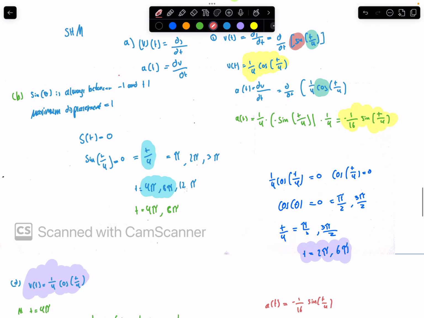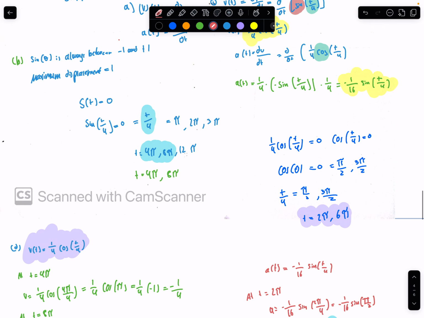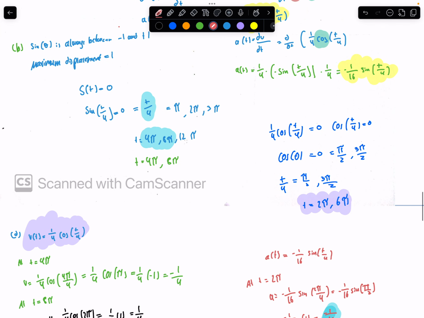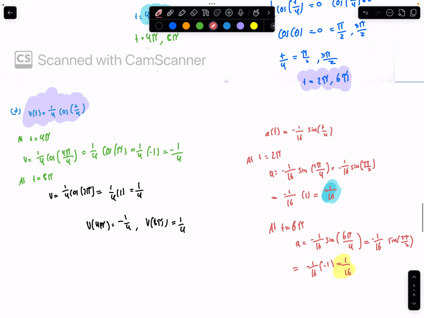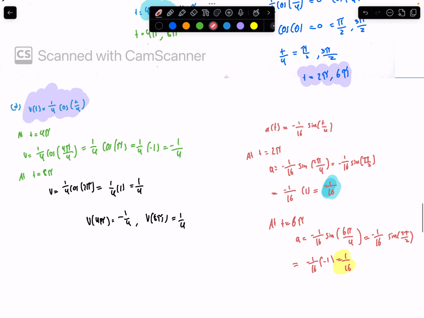At D, the velocities are negative 1 over 4 and 1 over 4. The changes in direction are at t equal to 2 pi and 6 pi. And for the acceleration, it is negative 1 over 16 and 1 over 16.